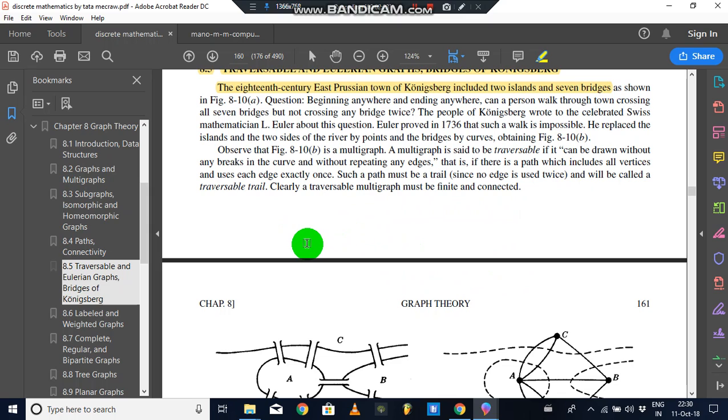The question is this: beginning anywhere, you can start from anywhere, you can go through this and go through this, ending anywhere, you can end anywhere. Can a person walk through town crossing all seven bridges but not crossing any bridge twice? This is the condition. You cannot revisit any bridge twice.